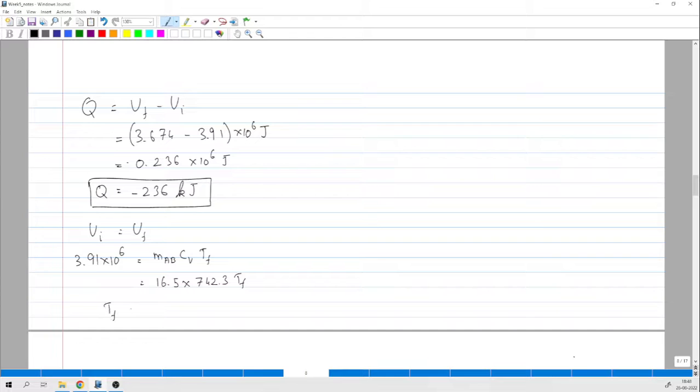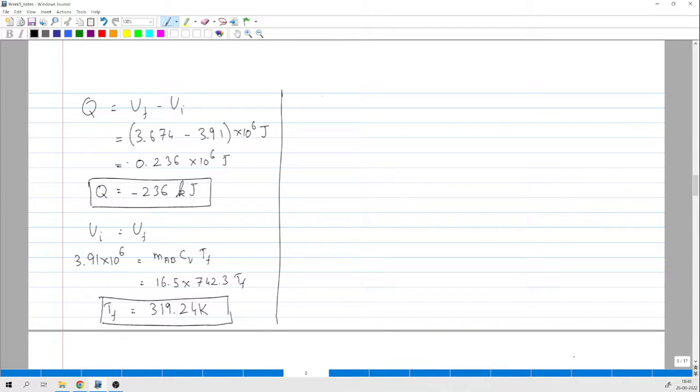So TF can be calculated, which is 319.24 Kelvin. So with heat transfer to the surroundings we had 300 Kelvin. Without any heat transfer, we have a final temperature of 319 Kelvin.